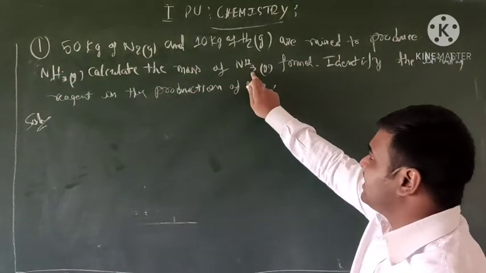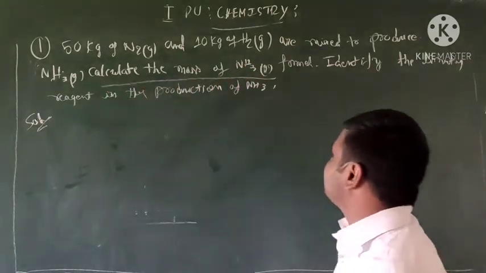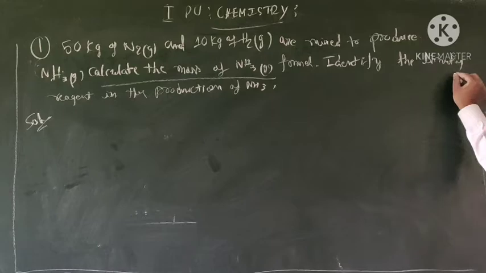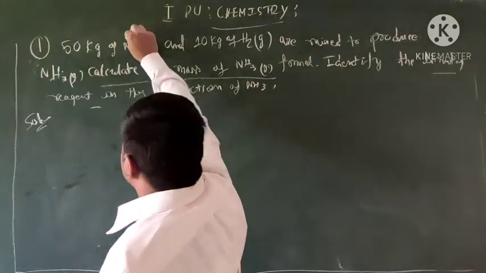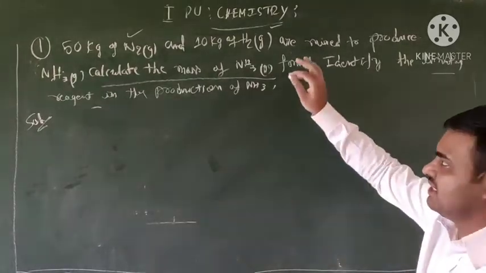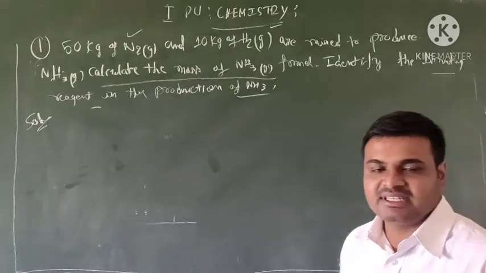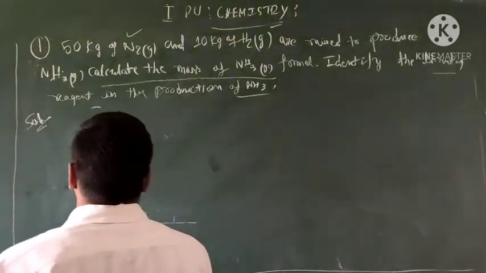Calculate the mass of NH3 and identify the limiting reagent. Which one is the limiting reagent in this equation for the production of NH3? Identify the limiting reagent.